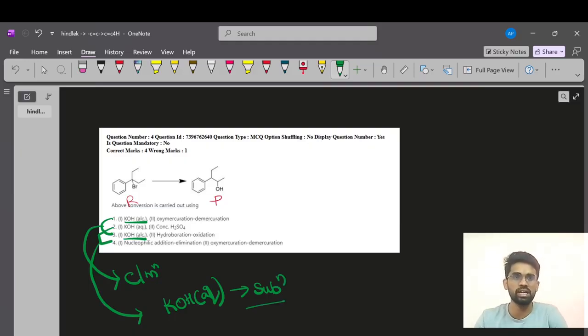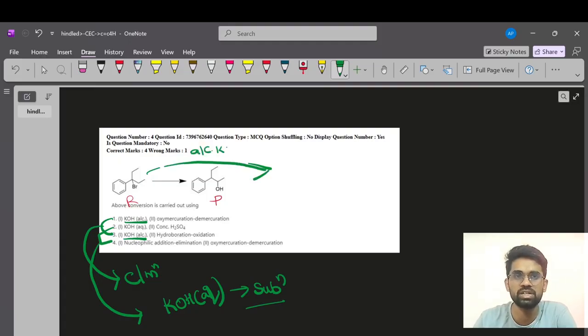Let's discuss here. It is definitely not direct substitution, because if it were substitution, OH should come wherever we have bromine, but that is not happening. Let us go with elimination first. If I use alcoholic KOH, we are going to get a more substituted alkene like this.